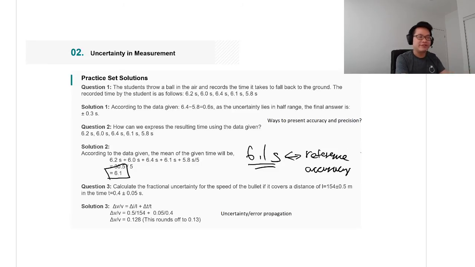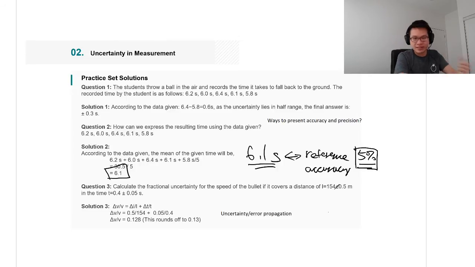You can find the difference, and then the percentage difference, and set a threshold for that percentage. For example, 5% is pretty commonly used. If the difference between the reference and your measured average is within 5%, then you can say your measurement is accurate. It depends on the situation, but most of the time it's 5%.